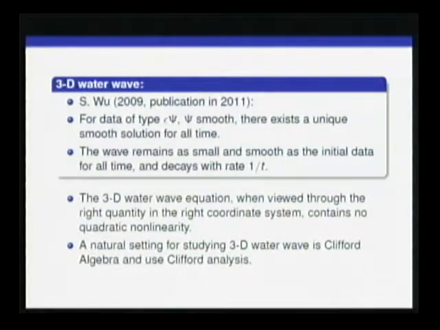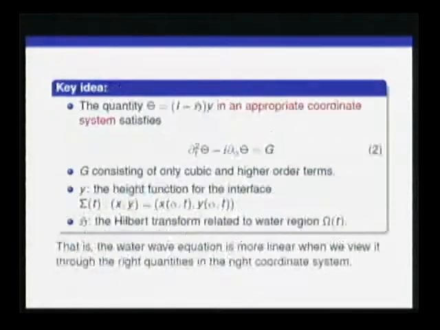So the key point is really for the 2D and the 3D water wave, the reason we can solve for so long is that we have a change of coordinates. Okay. So we find a good quantity, the projection of the height function into the space of holomorphic functions in the air region. And that quantity satisfies an equation in an appropriate coordinate system.